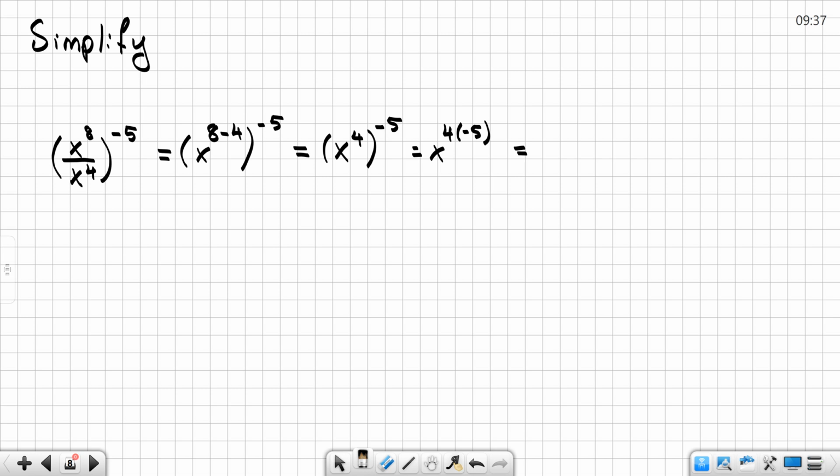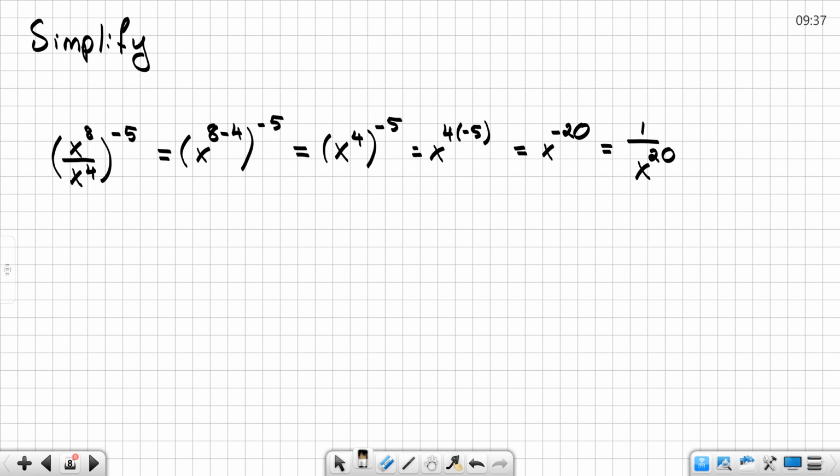So 4 times a negative 5, that will be a negative 20. And I now am almost done, only just like in the last example. The negative 20 has to be fixed. This is a negative exponent, and I turn this negative exponent into a positive exponent by taking the whole expression and move it into the denominator.